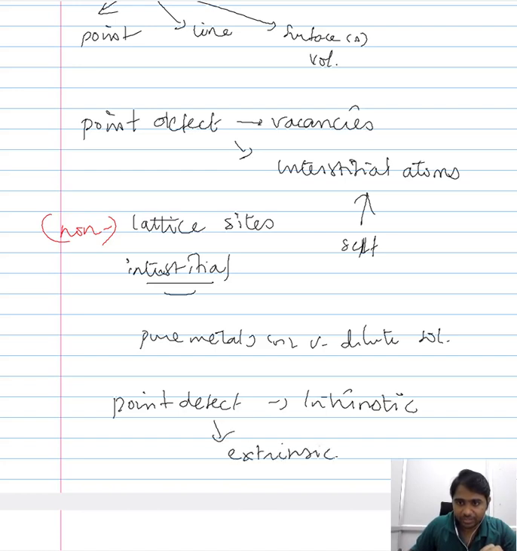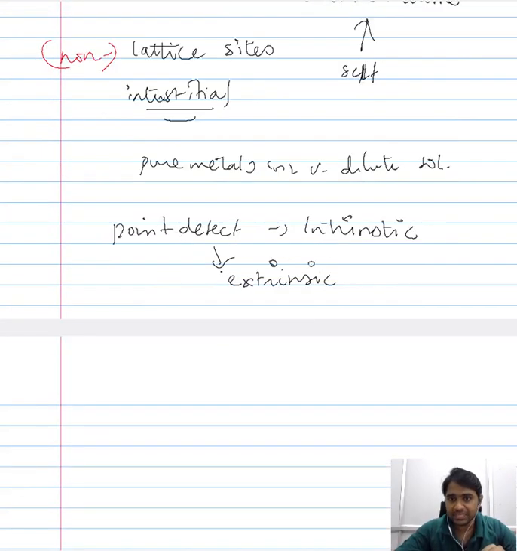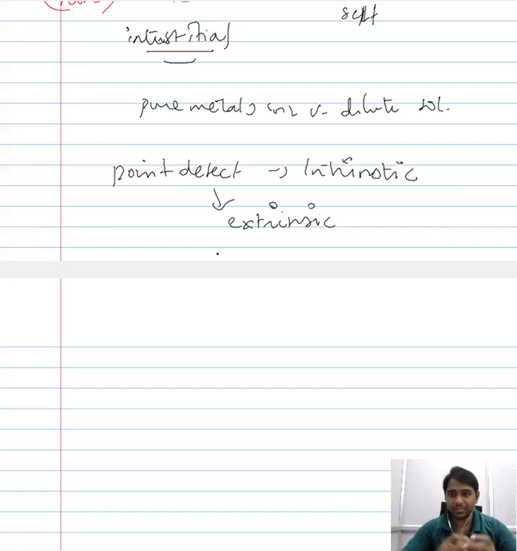Intrinsic and extrinsic point defect. Now, in case of intrinsic point defect, what you observe is the atoms of the pure metal, the atoms of the base metal, either they are missing or they occupy the interstitial site. So this is what categorizes the intrinsic point defect.